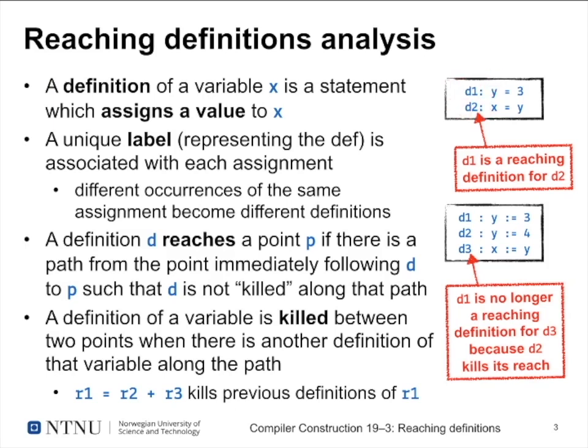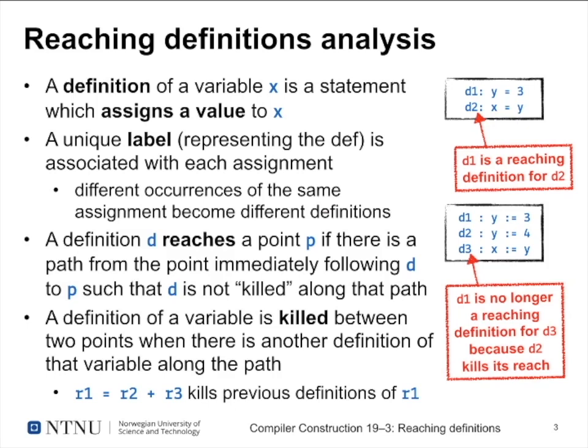That makes it easier for us to identify each single assignment in our program. What's important is, if we have several assignments to a variable, different occurrences of the same assignment become different definitions. So if we have an assignment x equals y in two different parts of our code, they are different assignments for our analysis.